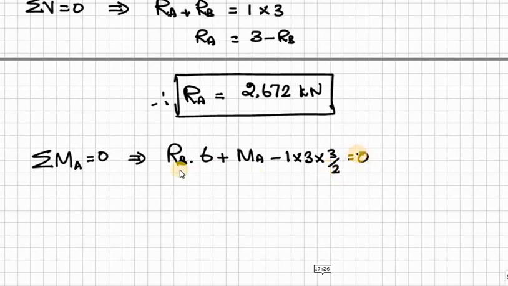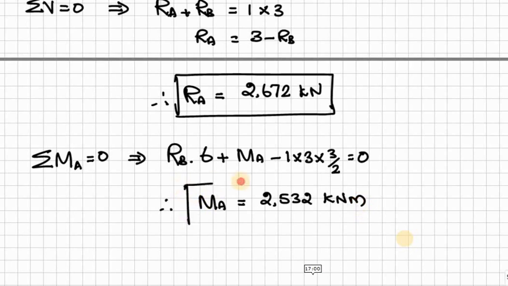See, everything we have studied in the previous semester, strength of materials. Okay, how to take moment. So MA is equal to 2.532 kilonewton meter. Now the last part is to draw the bending moment diagram.